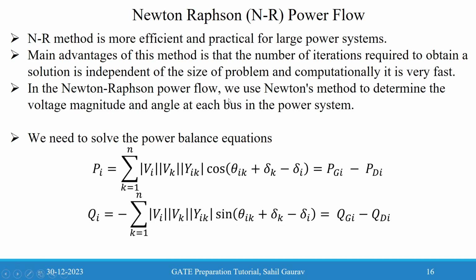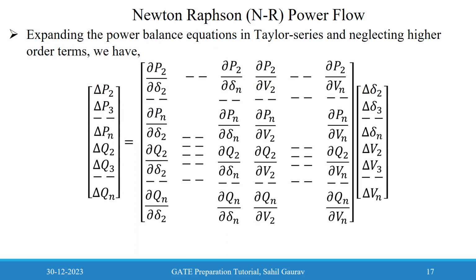In the Newton-Raphson flow, we use Newton's method to determine voltage magnitude and angle at each bus in the power system. So we need to solve this power balance equation to get the voltage magnitude and angle at each bus. What we do is expand this power balance equation in Taylor series and neglect higher order terms, and we get this form.